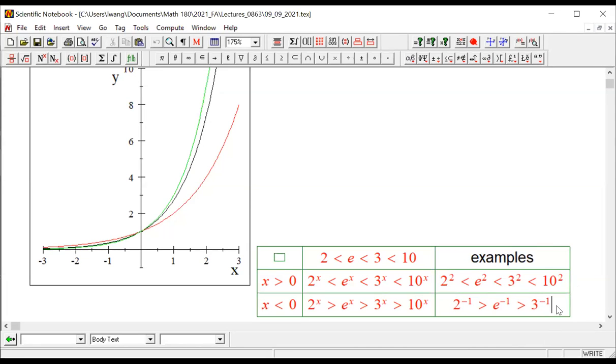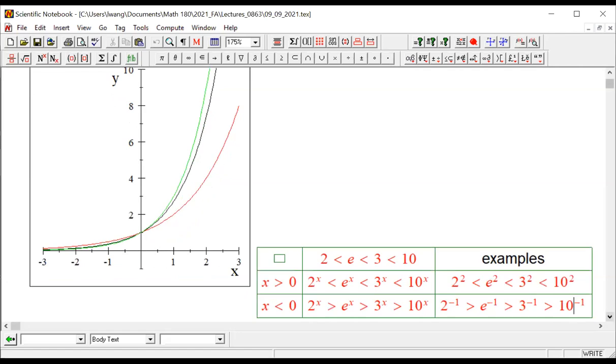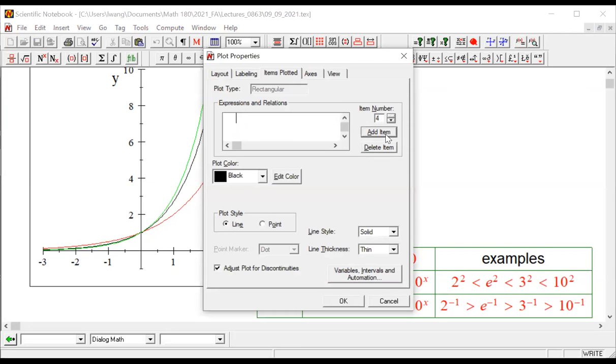And these numbers just show up in front of your eyes. Are you ready to see the actual curve? Yeah. 10 to the power x. What color do you want?